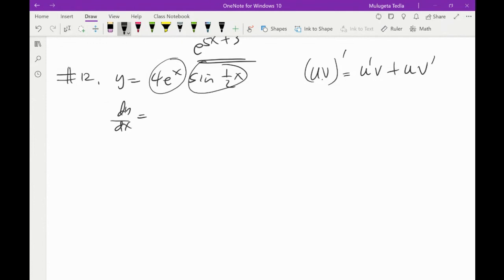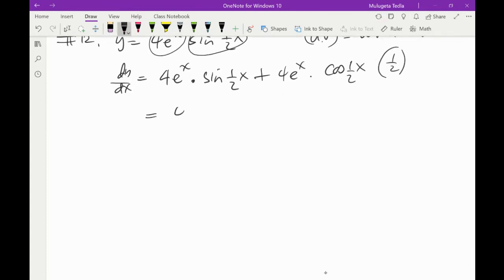So for e to the x, its derivative is, it's an exponential function, the derivative of e to the x is e to the x, because the derivative of x is a number, which is 1. So it is the derivative of the first times the second, plus the first times the derivative of the second, which is cosine of 1/2 x times the derivative of the angle, which is 1/2.